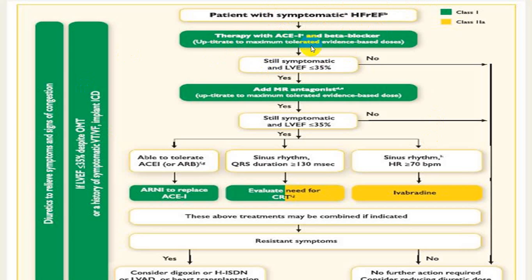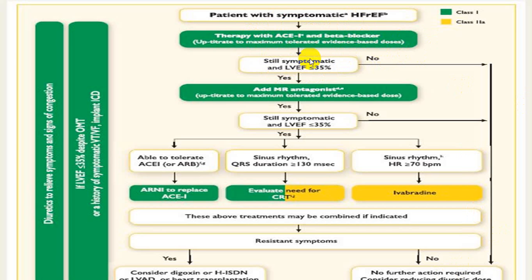If a person has a reduced ejection fraction, that is stage 3 and 4. If the ejection fraction is markedly reduced, even after ACE inhibitors and beta blockers, full tolerable therapeutic dose is given, and still symptomatic and LV ejection fraction is 35 or less. If the answer is no, no further action required.